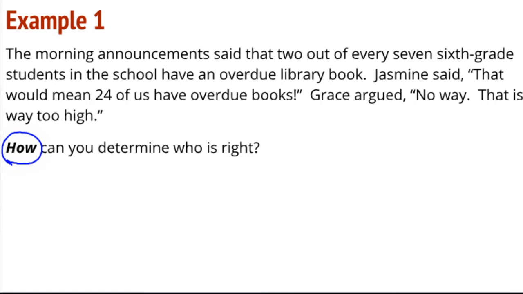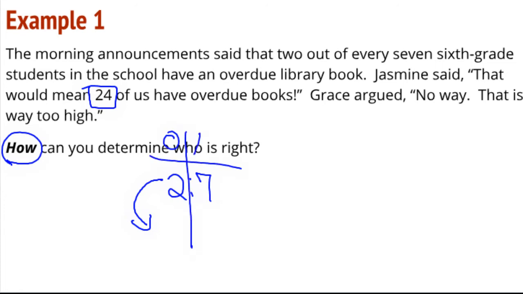So what we've got to do here is think about this. It says 2 out of every 7 6th grade students. So we know we've got a ratio of 2 to 7. And Jasmine is saying that is 24. So the 24 would be the number of students that have the overdue, and we'll set this up on a table here.